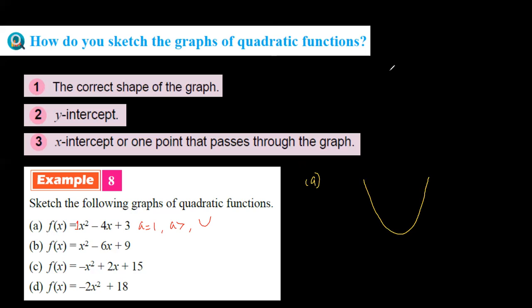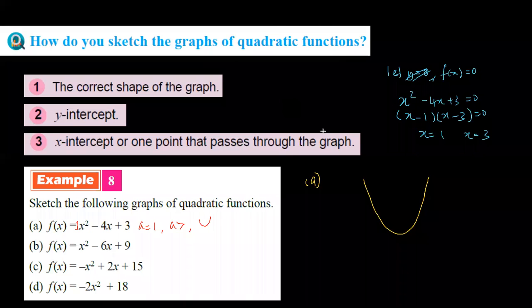To calculate the roots, we let y equal to 0, or here f(x) equal to 0. Let f(x) = 0, x squared minus 4x plus 3 equals 0. Factorize it: (x minus 1)(x minus 3), since 1 times 3, negative, negative, positive. We have two roots, x equals 1 and x equals 3.